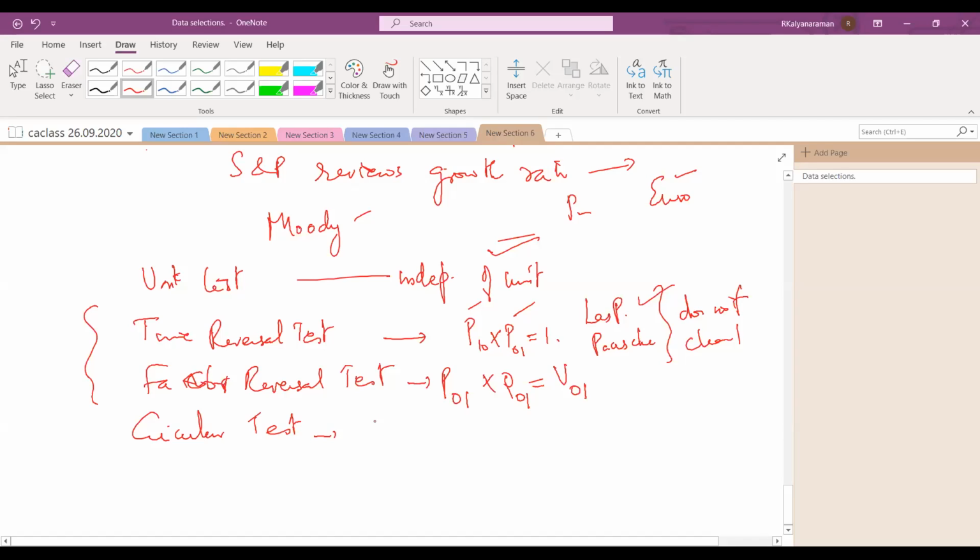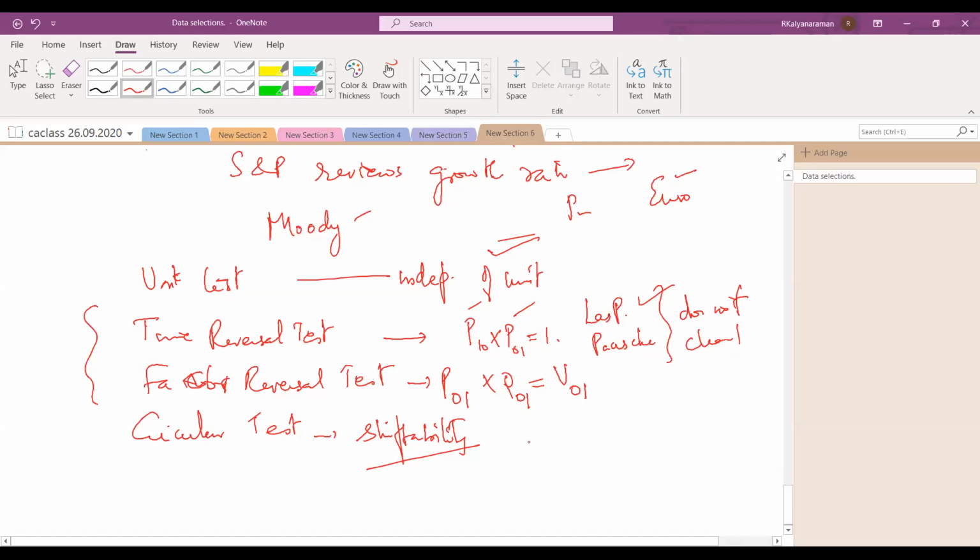Can this index number survive the shiftability of the base year? Can it accept the shiftability of the base year? So we are adjusting the index number based on the shifted year.